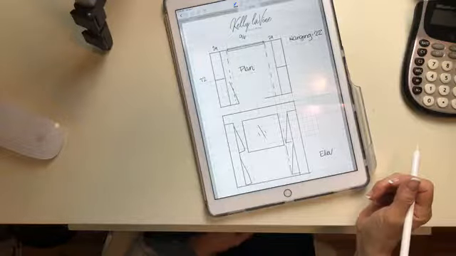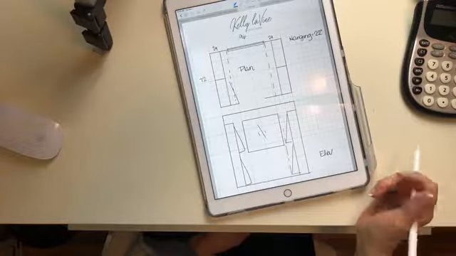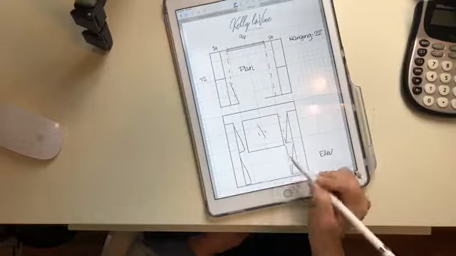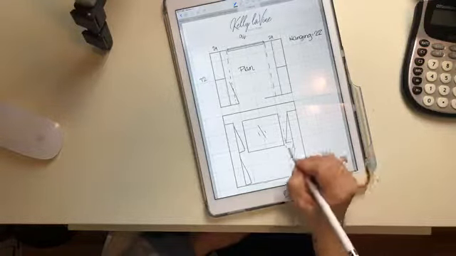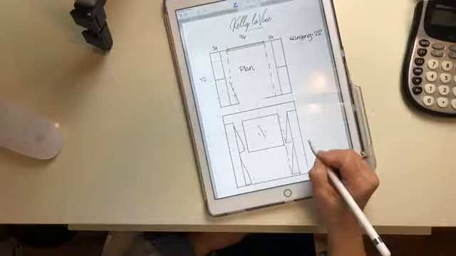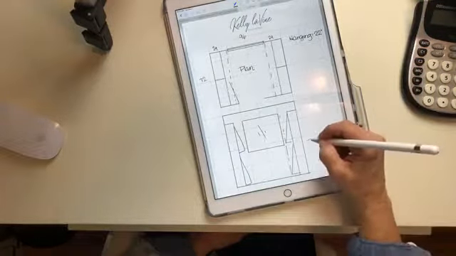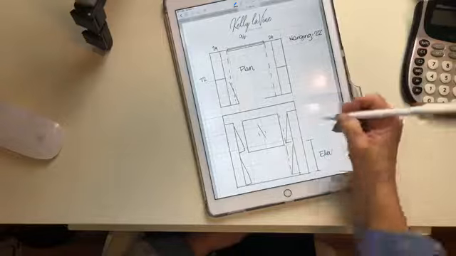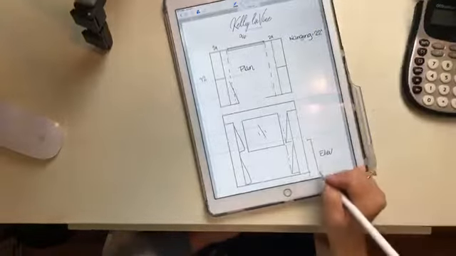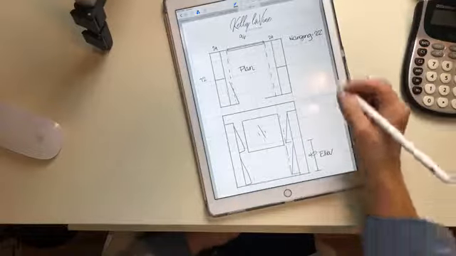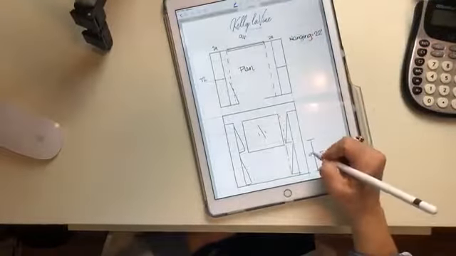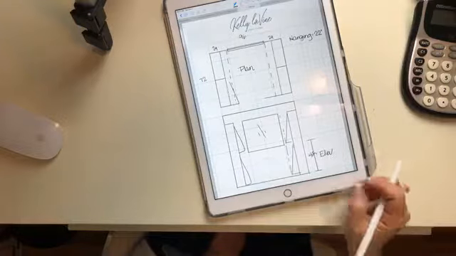But remember, the other thing that we talked about was, what do we do under the window? So in this case, this window goes up 42 inches. So we've got 42 inches there.